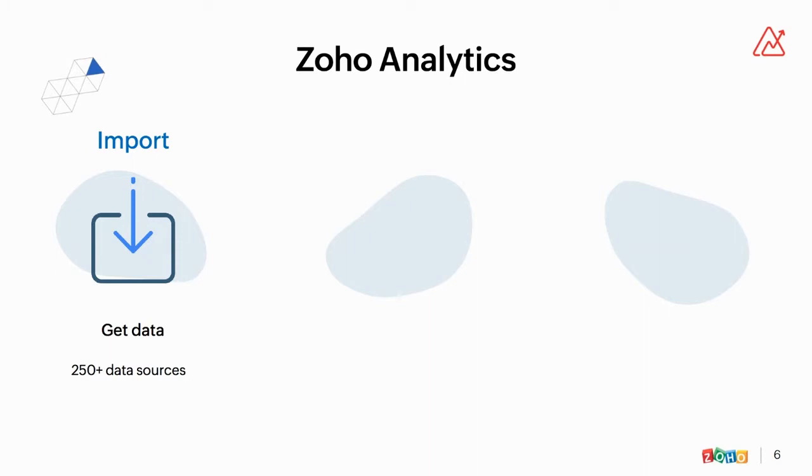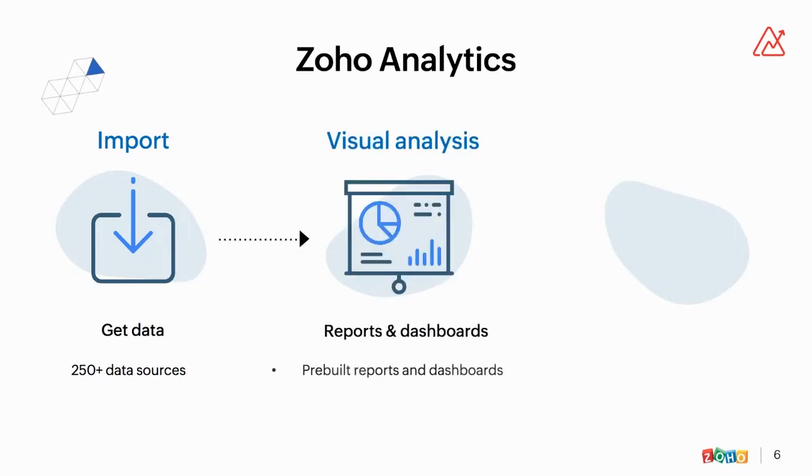With all that data inside your platform, you can visually analyze your data in the form of pre built reports and dashboards. On top of that, you can customize your analytics using the intuitive drag and drop feature, or you can always count on our ML powered AI assistant for insights. Zoho Analytics enables you to analyze your data in more than 50 different ways in the form of charts, pivot tables, KPI widgets, and dashboards.